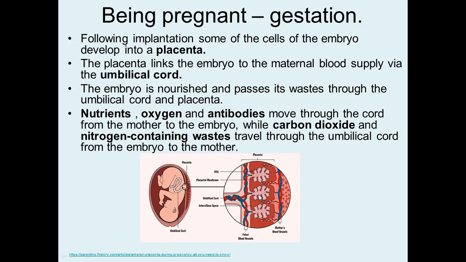Now, it's terribly important, despite the fact that the embryo gets nutrients from the mother and passes waste substances to the mother through the placenta, there must be no mixing of actual blood at the placenta.